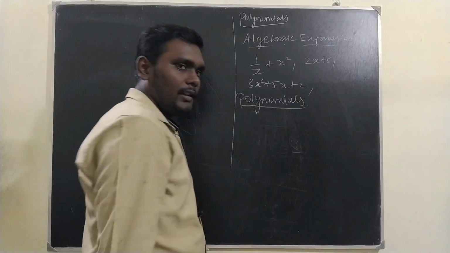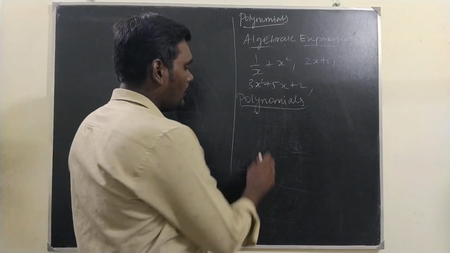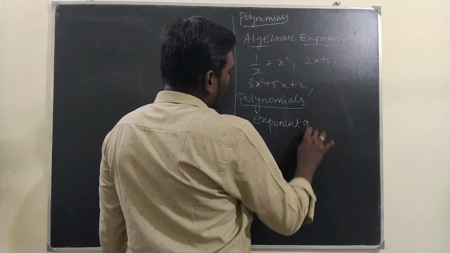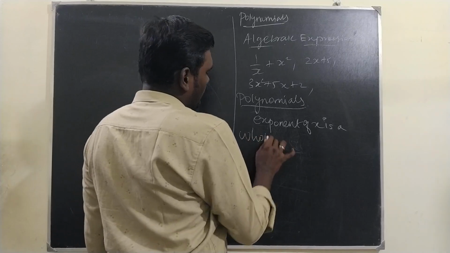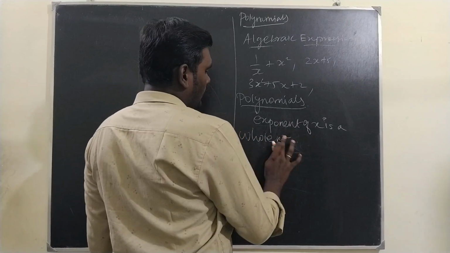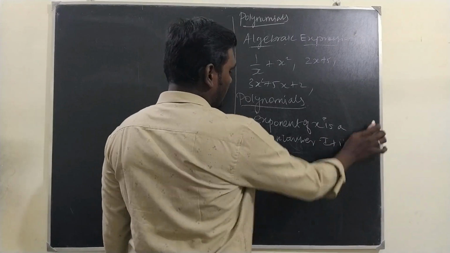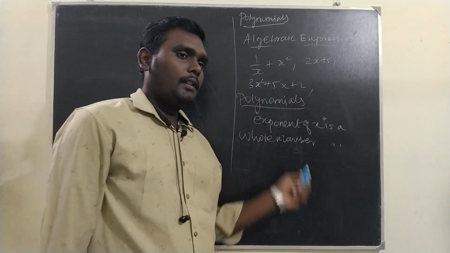An algebraic expression having the powers, the exponents of x, as whole numbers. What is it? The exponent of x is a whole number. Then we can say it is a polynomial. Now check out all these three given examples.